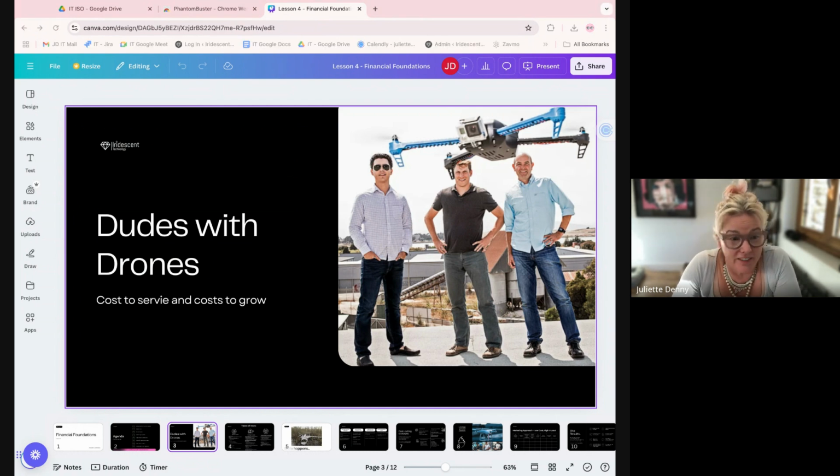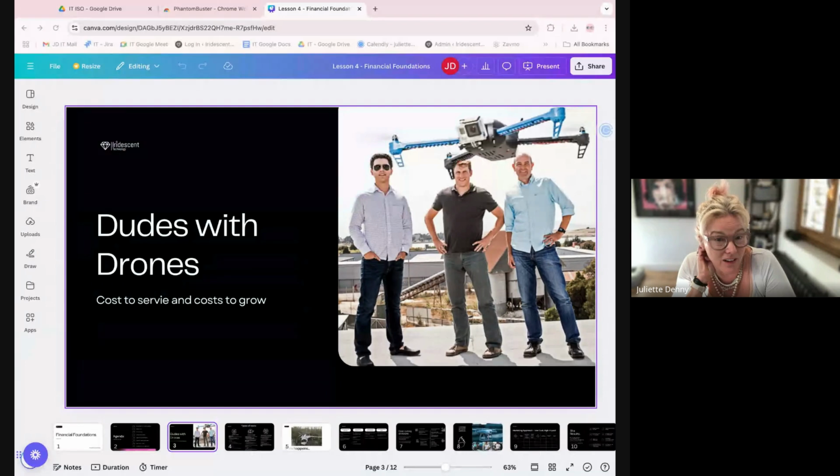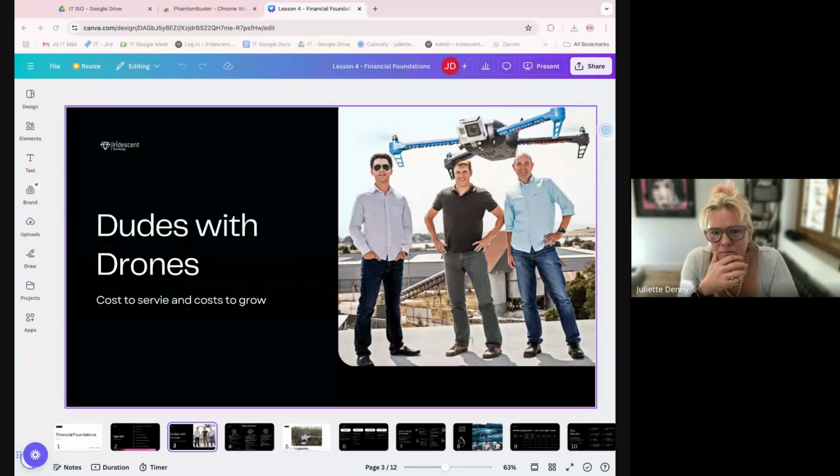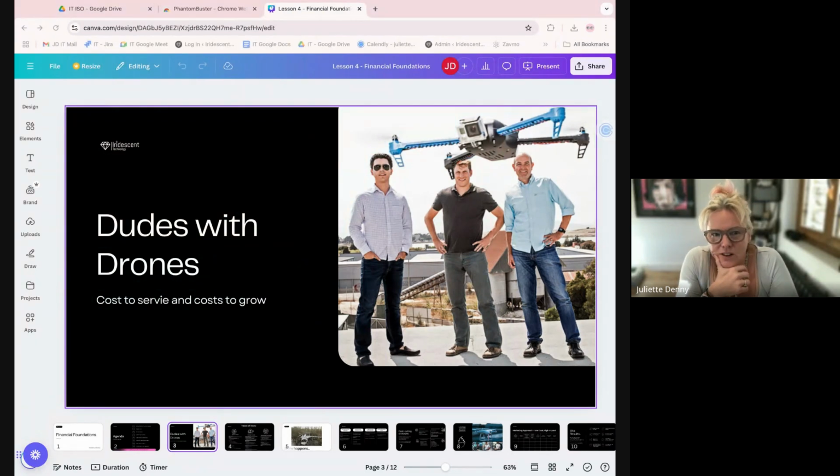Okay, there they are. They're looking really happy because they're loving their life, loving their business. And lucky for them, when they first started doing the recordings and the videos of this super accelerating, exciting, dangerous sports, they got picked up quite quickly by people like Red Bull, and so the business is doing well.